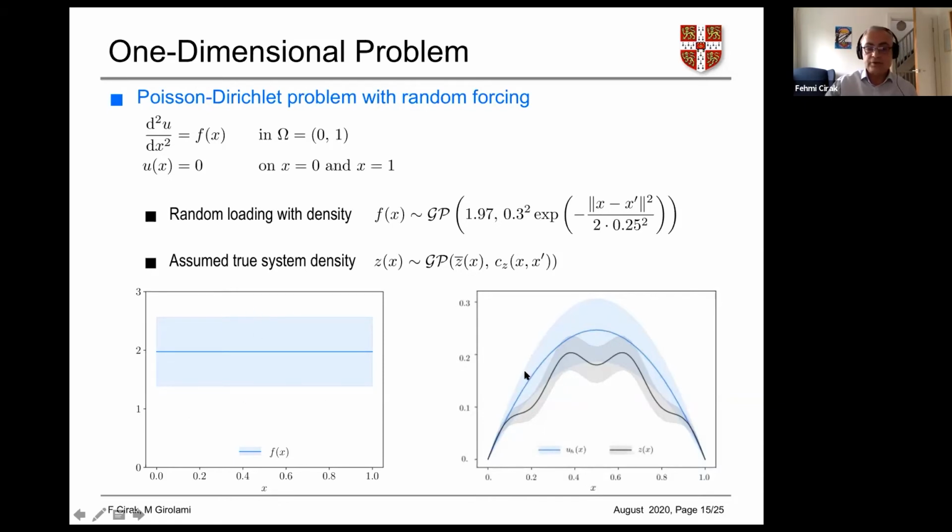Okay. So the blue is our finite element solution, and we are assuming a true system density, which is this black line and this gray region. You can see that the black line, the real system behavior, has more detail than the finite element solution, the blue curve, and the variance is of course also different.